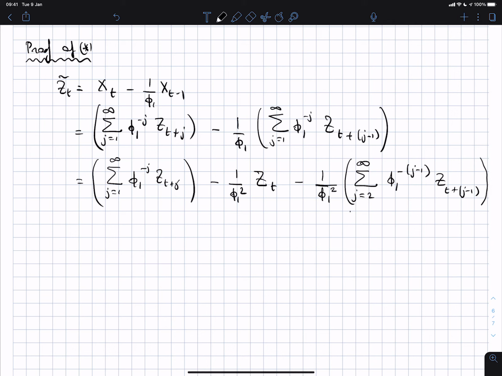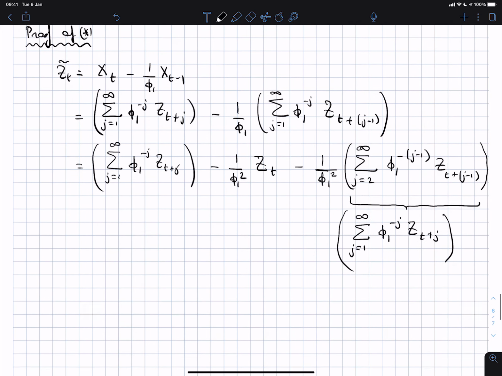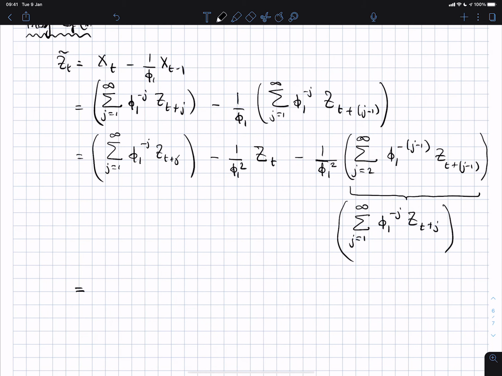But of course this guy here is equal to this. So this leaves me with minus 1 over phi 1 squared times Zt plus 1 minus 1 over phi 1 squared times the sum here.